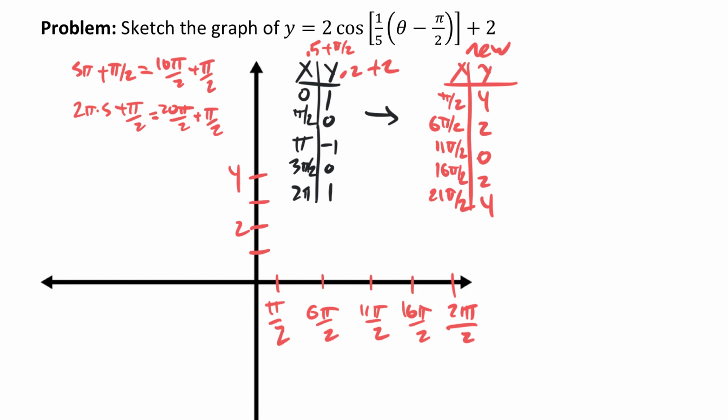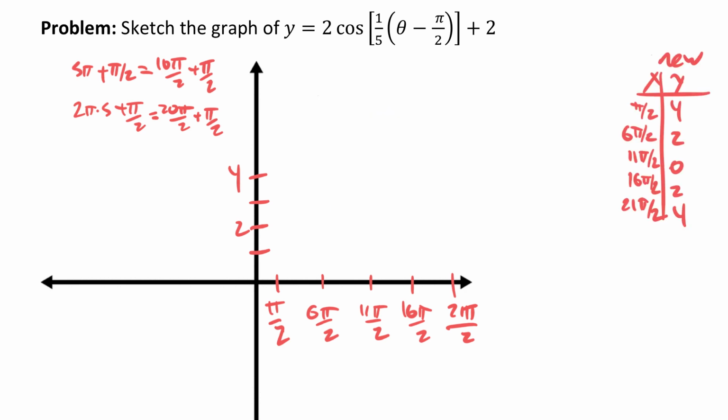Let me just go ahead and move these tables out of the way. All right, so we just got our table off to the side. We don't need our original table anymore. So here we go. We've got pi over 2 and 4, 6 pi over 2 and 2, 11 pi over 2 and 0, 16 pi over 2 and 2, and 21 pi over 2 and 4.